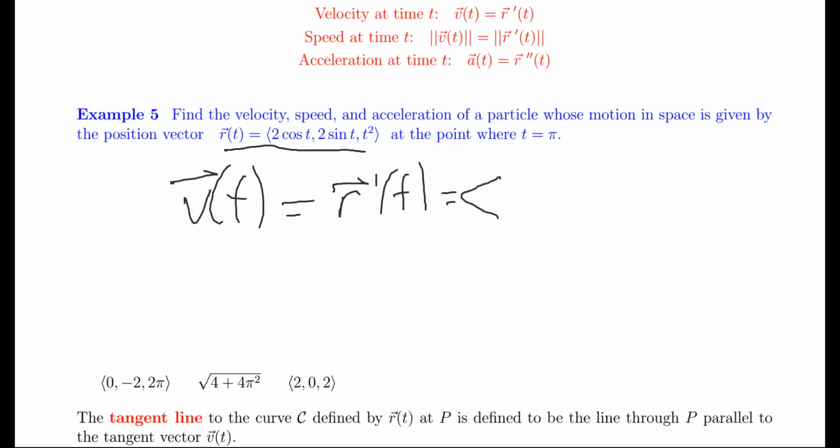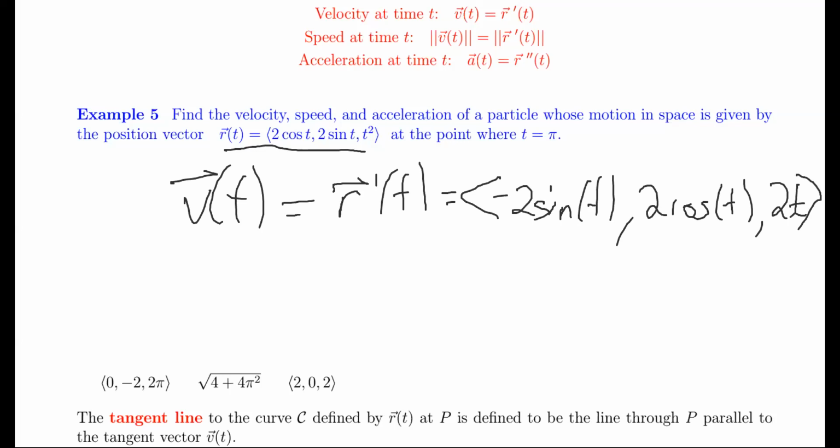So let's take the derivative. The derivative of 2 cosine is negative 2 sine. The derivative of 2 sine is 2 cosine. And the derivative of t squared is 2t. So that is our derivative vector, or our tangent vector.